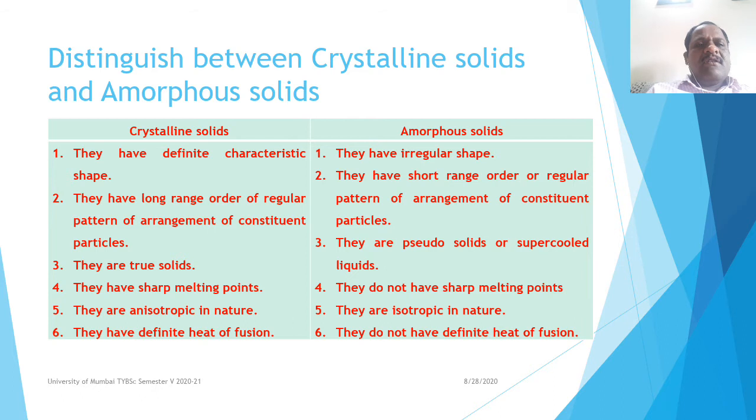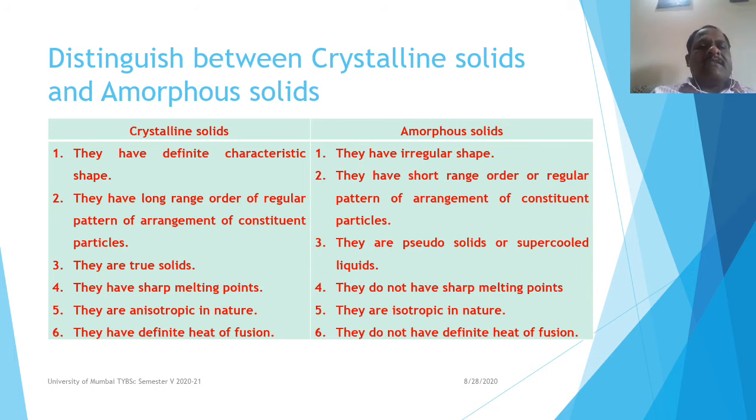First point, crystalline solids have definite characteristic shapes. That means if you take an example like salt, NaCl, sodium chloride, this NaCl is a crystalline solid. Why? Because it has a definite characteristic shape.